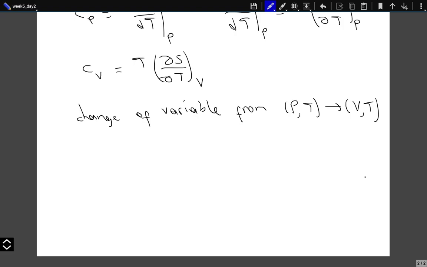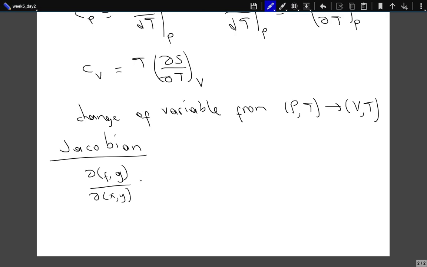Well, there are certain derivative identities that are also quoted in the book, but I personally find the Jacobian a useful tool to do this change of variable. Do you remember the Jacobian? What is the definition? Let's assume we have two functions, f and g, of variables x and y.